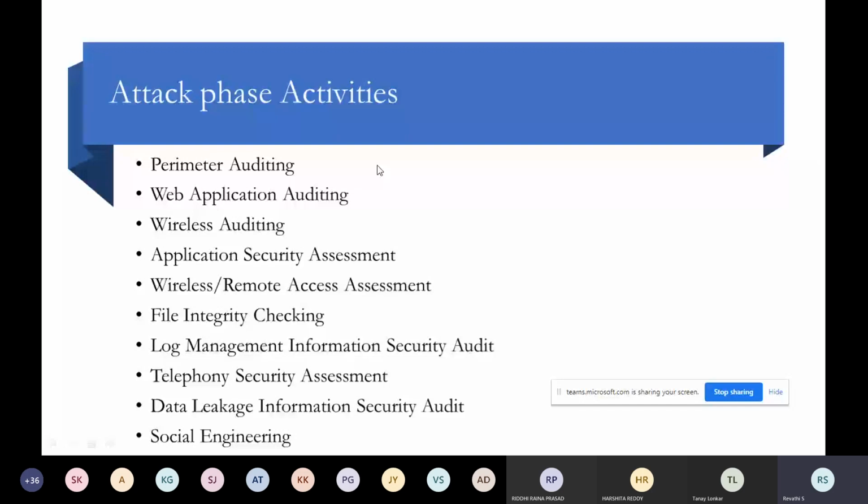That network area is called the perimeter. We are not disturbing the private network, and we are not disturbing the internet also, but something which is connecting my private network to the internet outside the organization, that particular network is called the perimeter. So in this perimeter auditing, you are only concentrating on that.